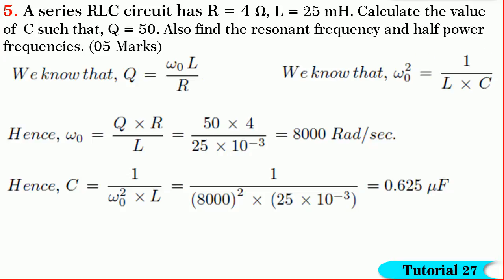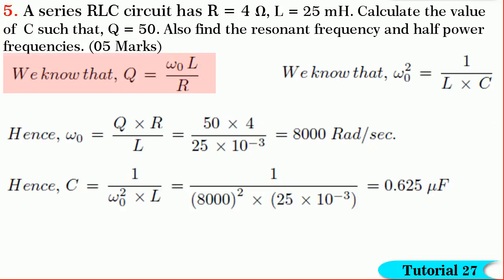Friends, there is not much thinking process required to solve this problem, but you have to remember and recall the relevant formulae to find the unknown based on the given data. In terms of R, L and Q, you know two formulae.